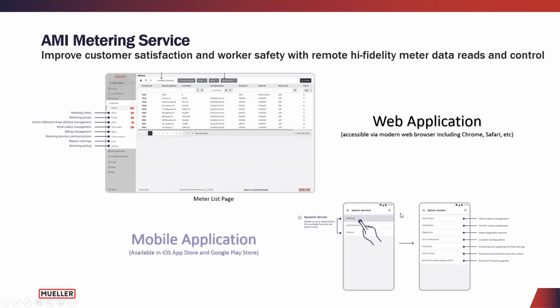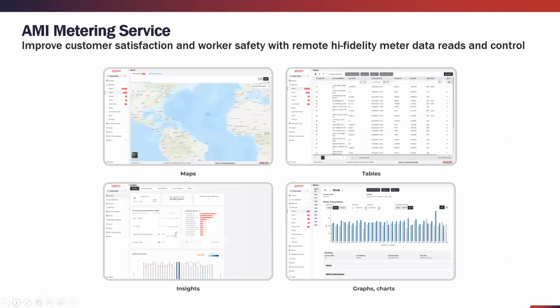And then you have mobile applications for, say, the AMI metering service or the logger configurator for the smart network. For all of these product lines, the type of visibility that you get in Sentryx are maps for you to be able to see the physical placement of your devices, along with any alarms or anything that would make a particular group of devices stand out.